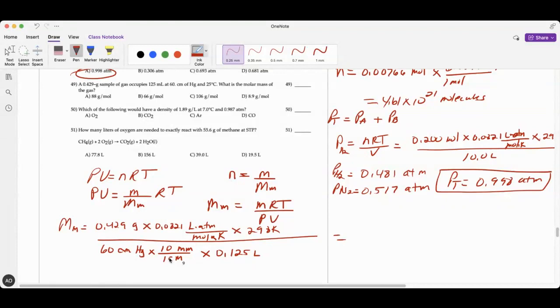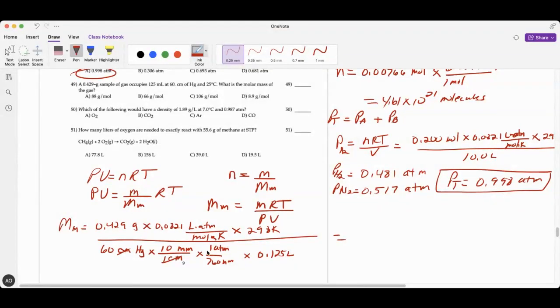You can see these cancel. Volume cancels. Oh, there's something I didn't do here. I have to convert millimeters of mercury to atmospheres. So 760 millimeters is 1 atmosphere, times the 0.125 liters.